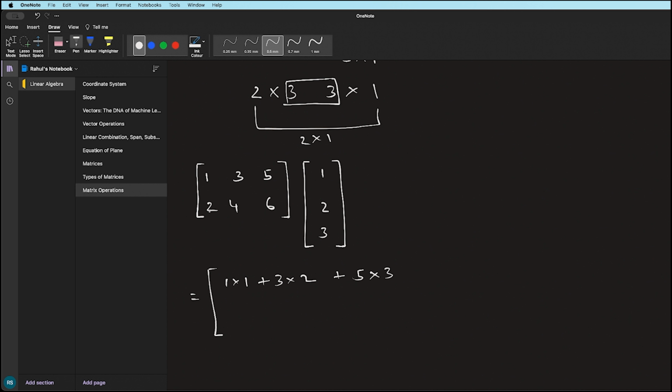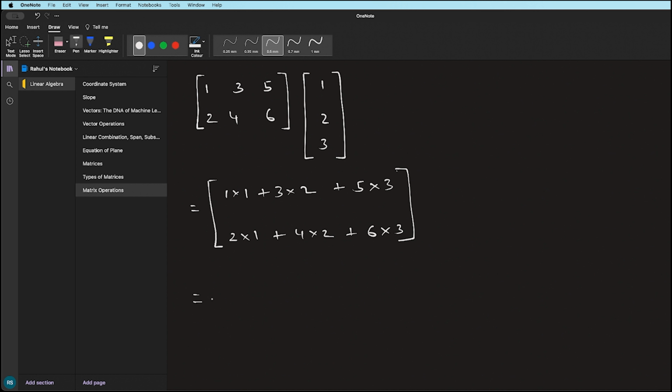Similarly, I will choose the second row and the first column. There is only one column, so only the first column. So here the operation will be 2 times 1 plus 4 times 2 plus 6 times 3.